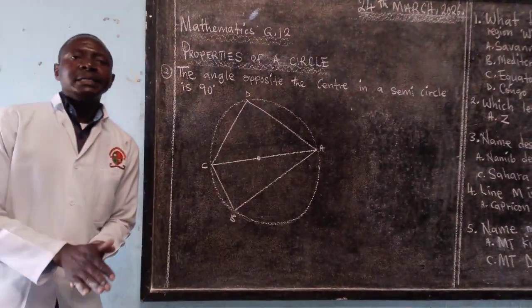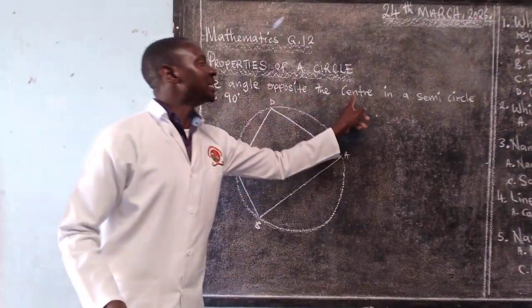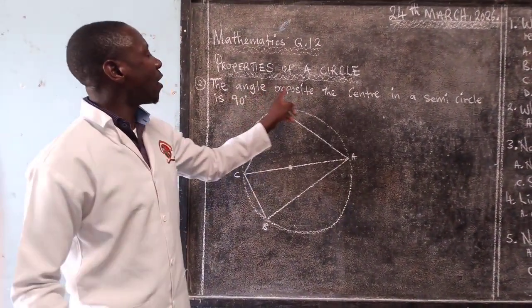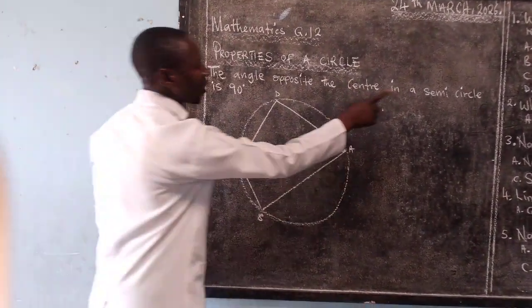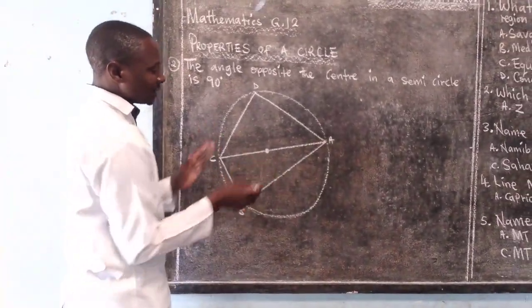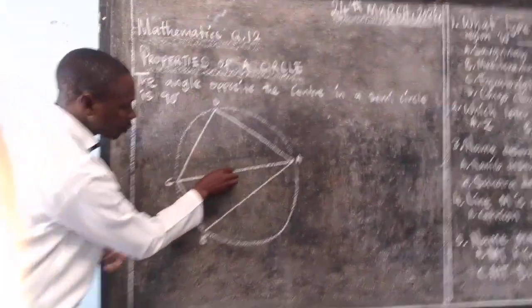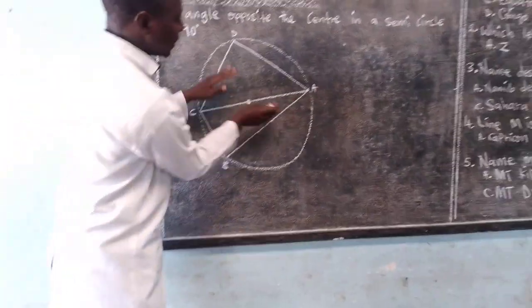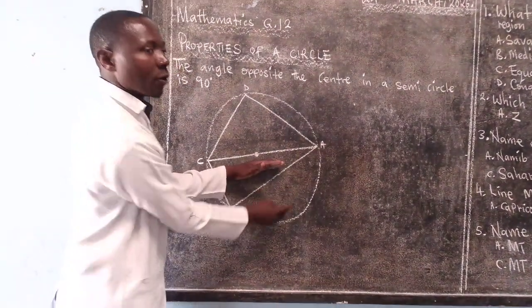Property number 2 says the angle opposite the center in a semicircle is 90 degrees. Which one is a semicircle? When I cut this circle into 2 halves, this one will be the semicircle, and this one will be the semicircle.